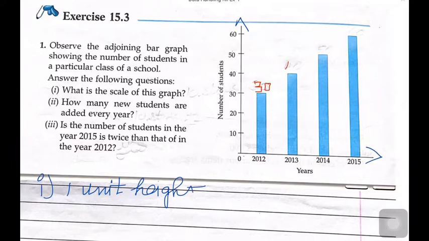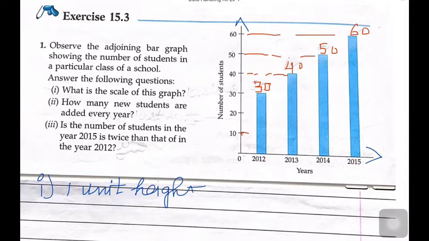Here there were 40. You can match it from here, like this is 40, then here it is 50, and at this place 60. Fine. In 2015 there were 60 students in that particular class. So every year, the number of students is increasing by 10 every time.